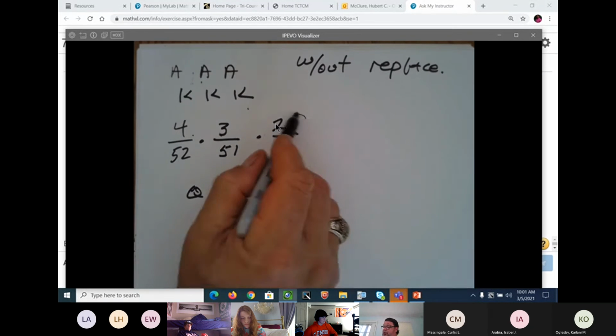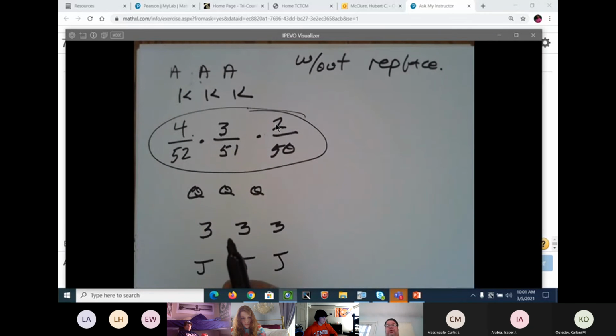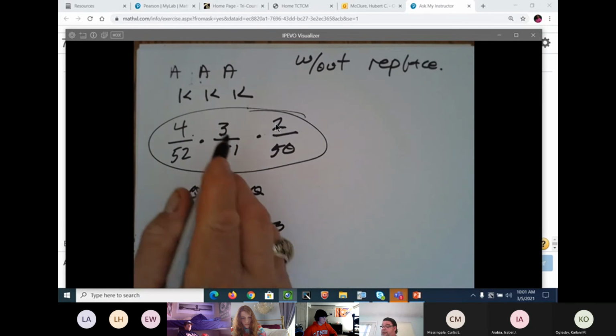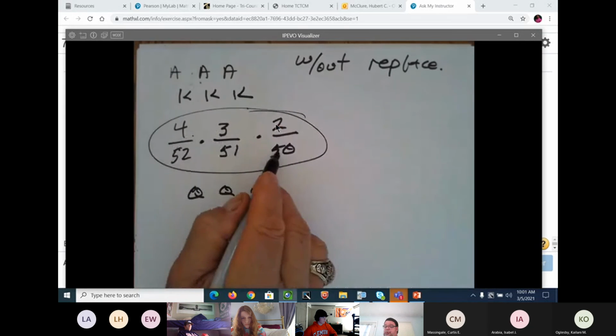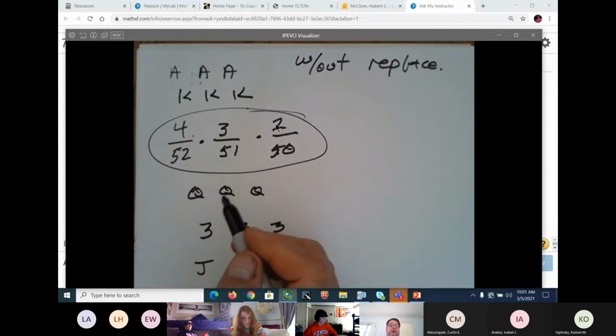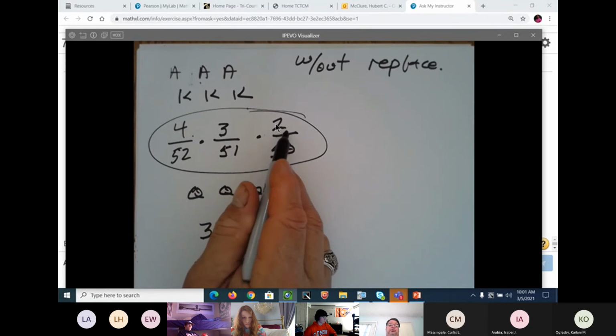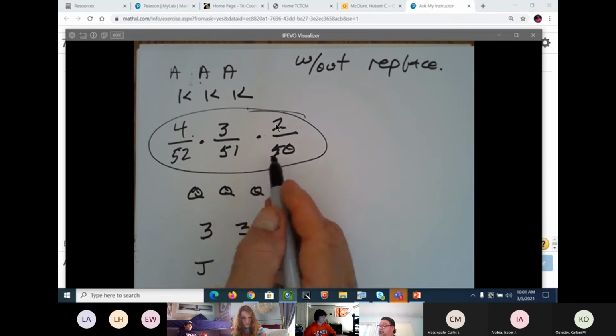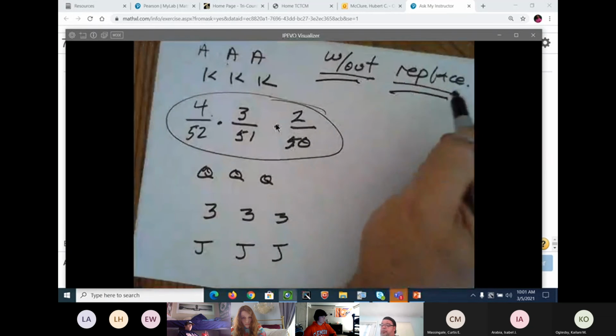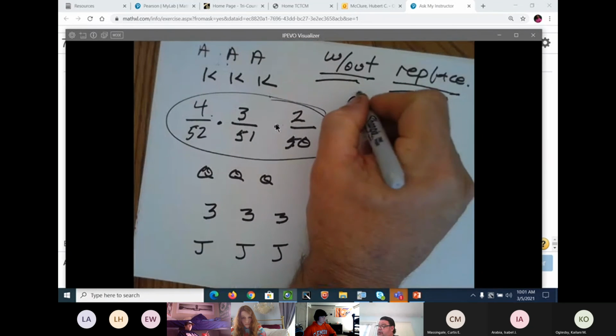Because there's 4 of every card. So 4 out of 52 times 3 over 51 times 2 over 50. And make sure you realize they're without replacement, which means dependent.